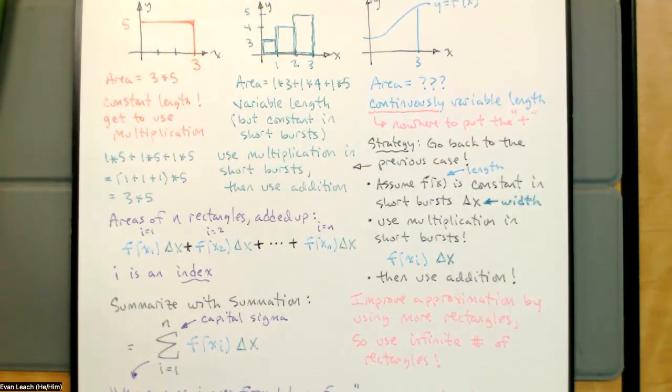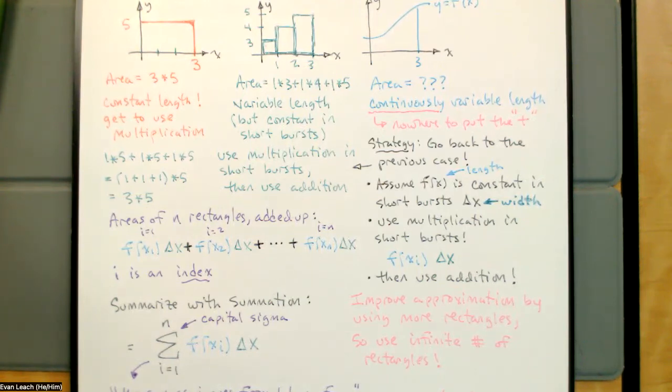And then we just add all those up: the sum as i goes from 1 to n of f of xi times delta x. Then we pull out the calculus and just use an infinite number of rectangles: the limit as n goes to infinity of the sum as i goes from 1 to n of f of xi times delta x. F of xi times delta x is just length times width for area. That's how we get the area under a curve where the length is continuously variable.